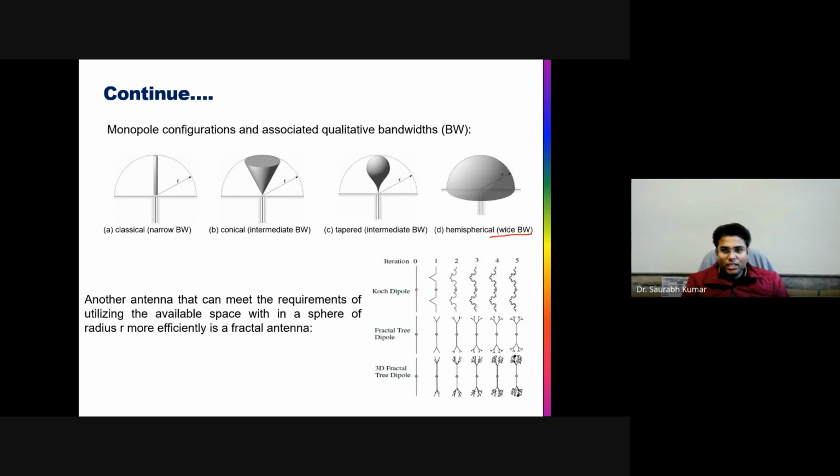If you see, this is a simple dipole having the maximum linear dimension same as the iteration 5. But if you open it, the current will take a longer path to reach from one edge to the other edge, and hence it will take more time, or it will be reducing the frequency.